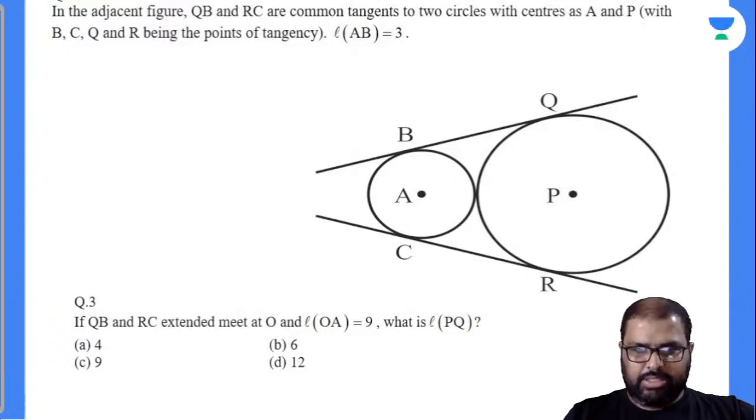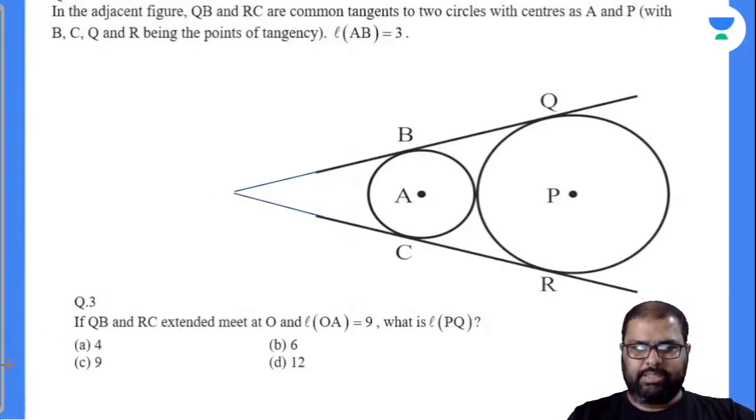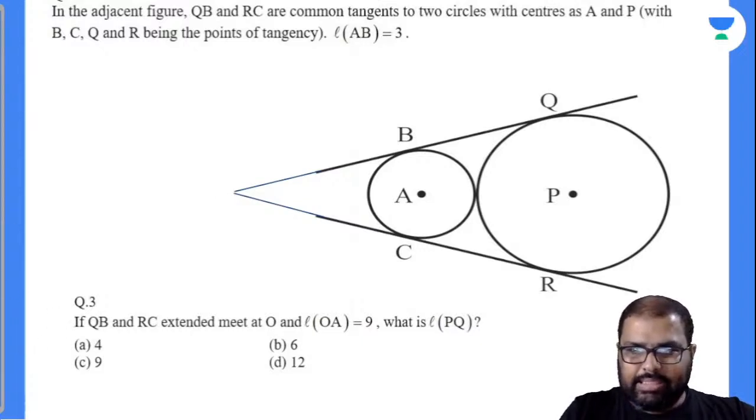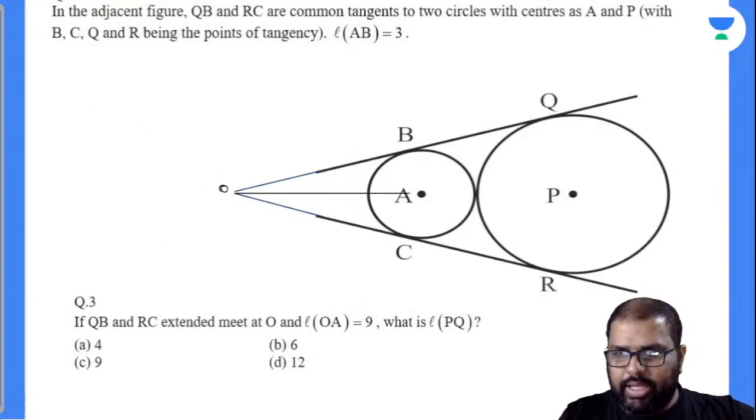No. See, QB and RC are extended, it seems. So I'll take down like this. They are extended like this, it seems. Now OA length is, now see, this is O. Take down like this, OA length. I'll extend up to PR.